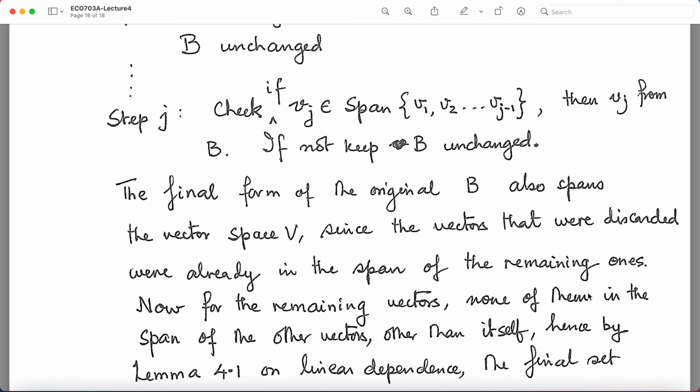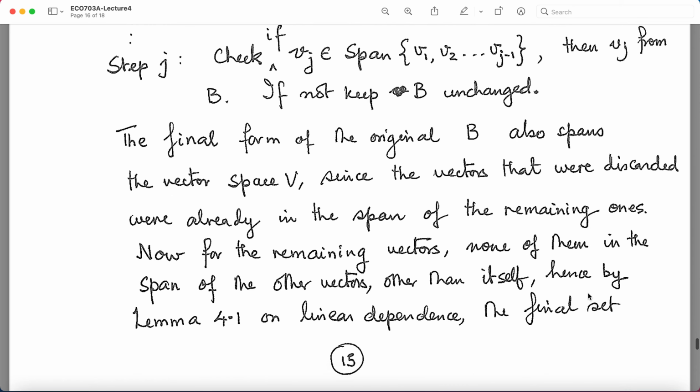The final form of the original B also spans the vector space V, since the vectors that were discarded were already in the span of the remaining ones. So, the spans would remain the same.